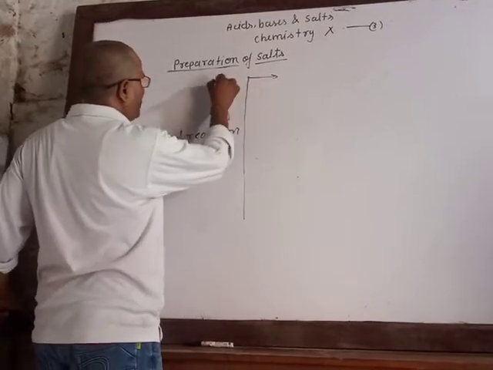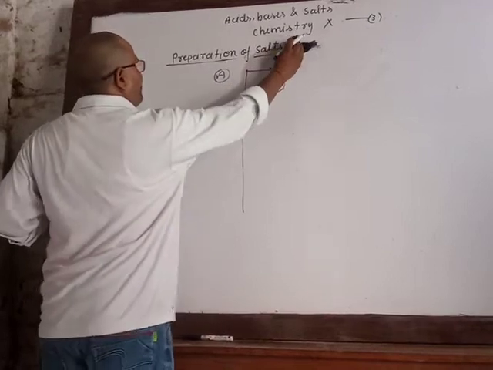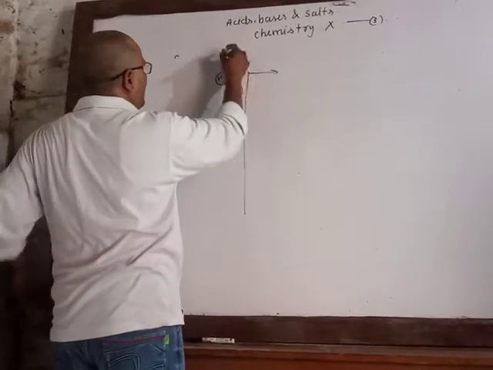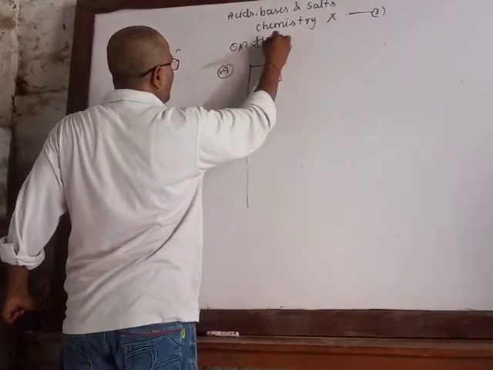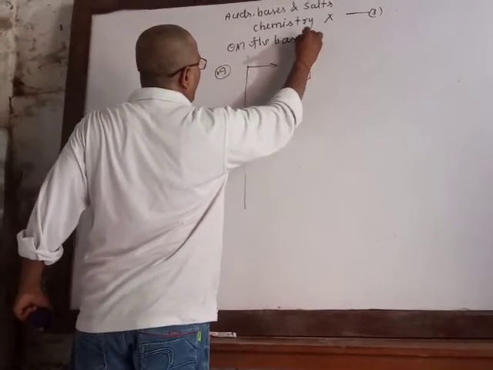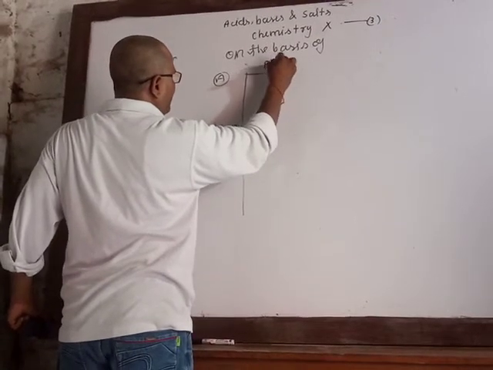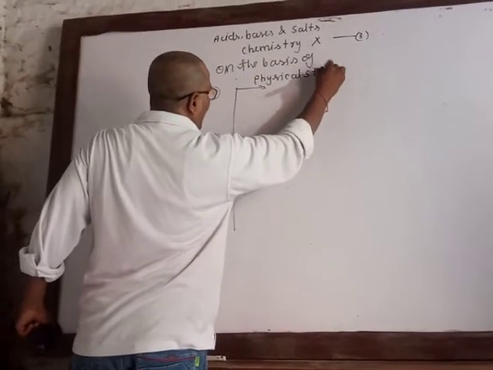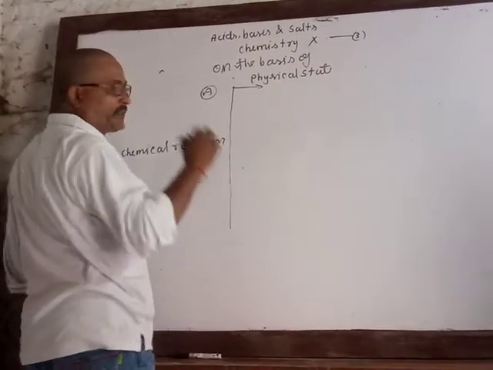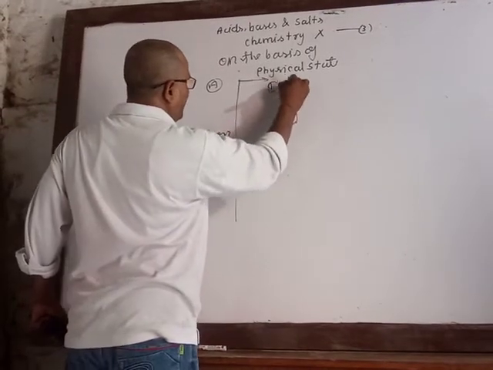Suppose this is group A. On the basis of physical state, there are two types of reaction. First one, homogeneous.